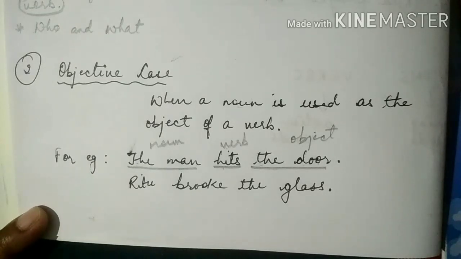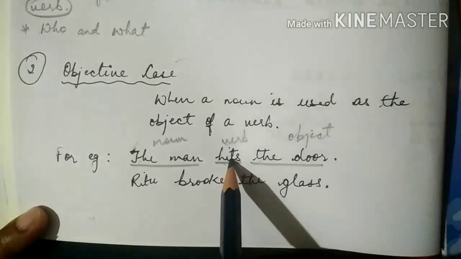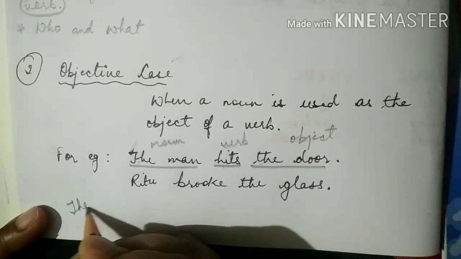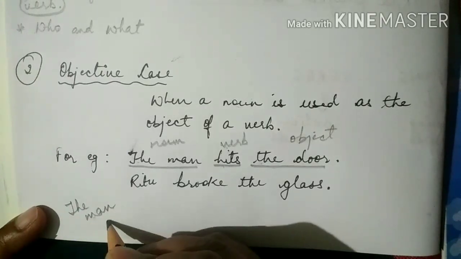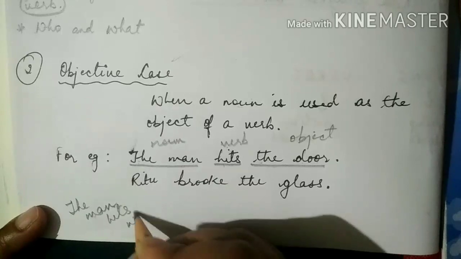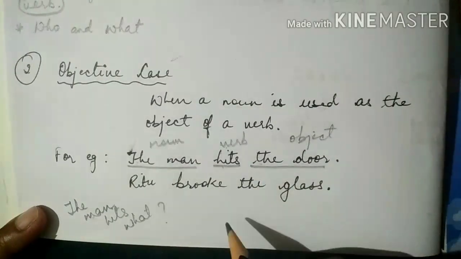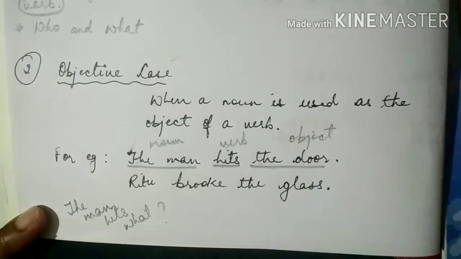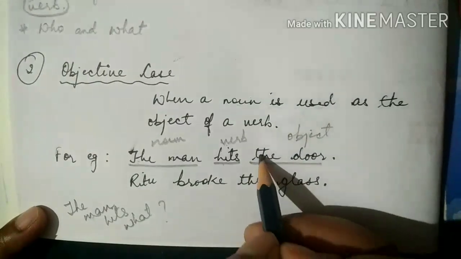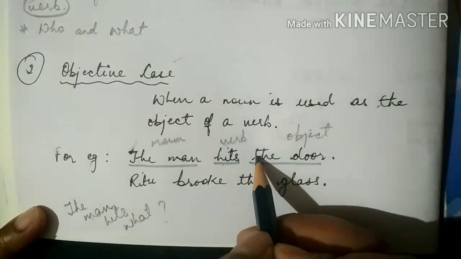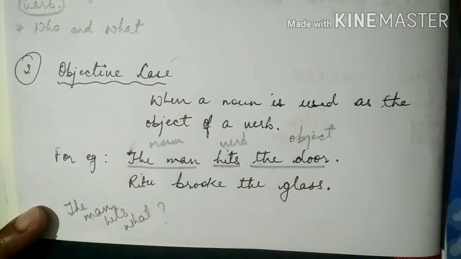So if we ask, the man hits what? The answer will be the door. This is the object. Why is this the object? Because this was the action that was performed.